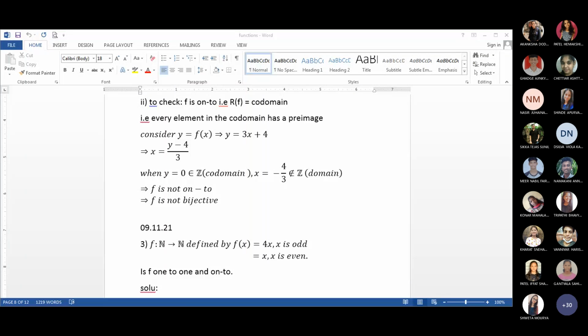And if you say no, then you can give an example जिसके लिए वो satisfy नहीं होता है. ठीक है, if you say no तो एक example दे दो, but if you say yes, you should be able to prove it in general. So tell me, the way in which the function is defined, is it one-to-one? f of x is 4x when x is odd, and it is x when x is even.